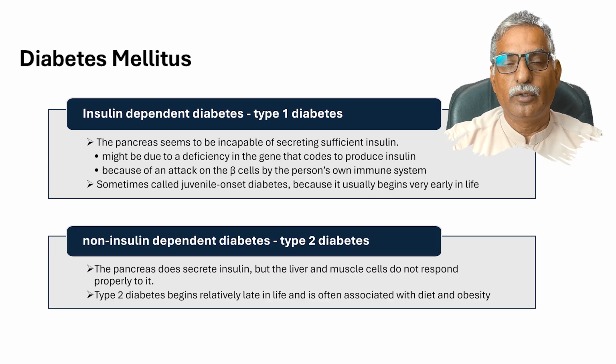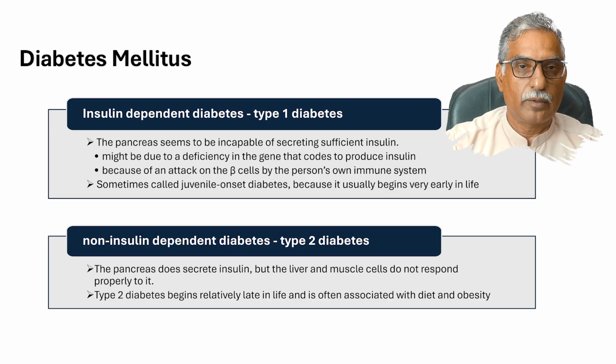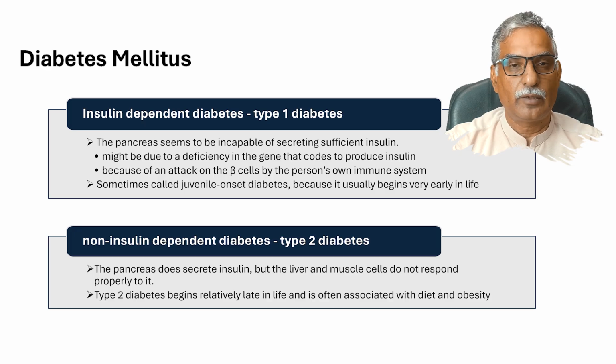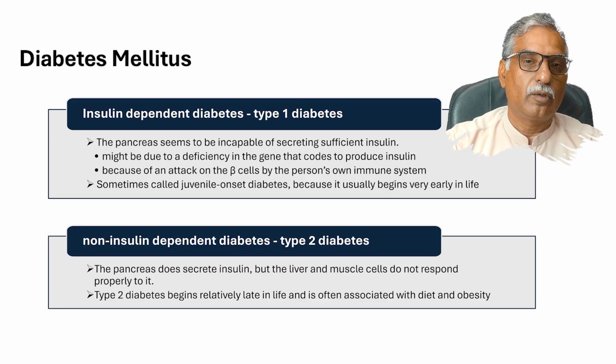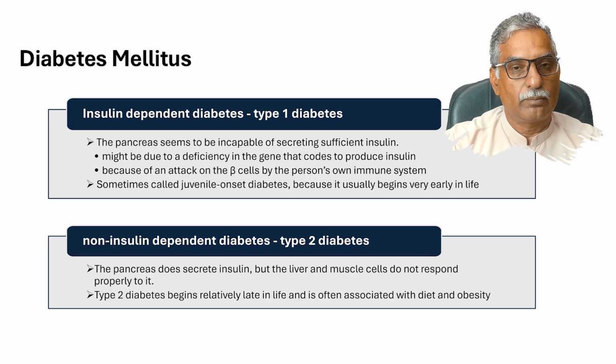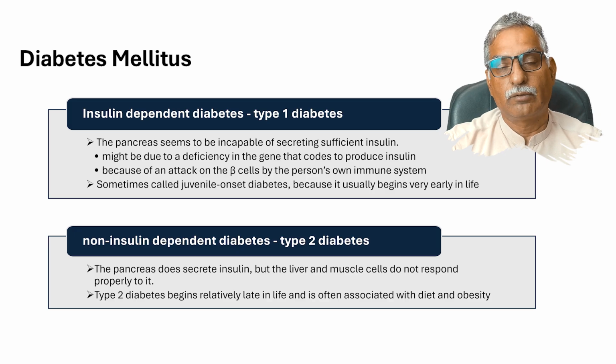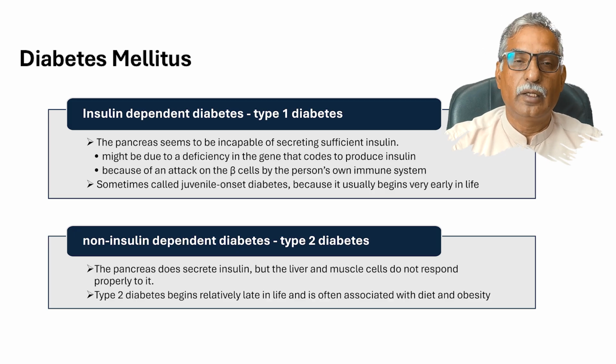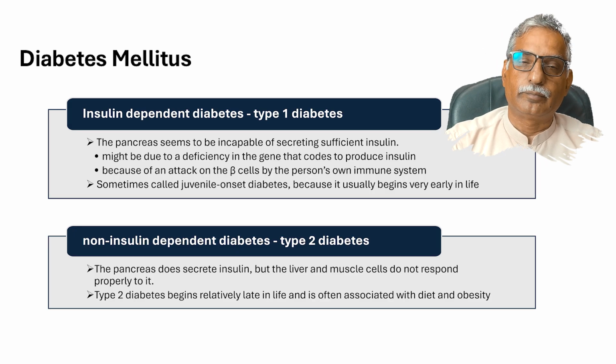This could be due to non-availability of the insulin receptors on the liver cell surface membrane or on the muscle cell surface membrane, or due to an autoimmune response, where antibodies produced against these receptors by the faulty immune cells block these receptors and do not allow insulin to bind with them. So that's why insulin cannot cast its impact, and blood glucose concentration can stay higher than normal all the time.